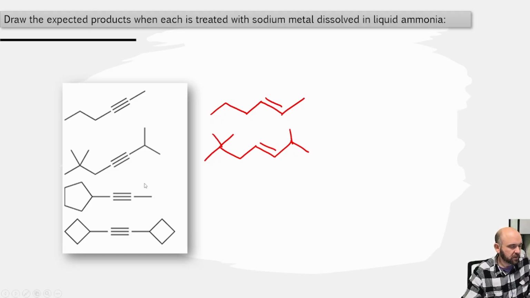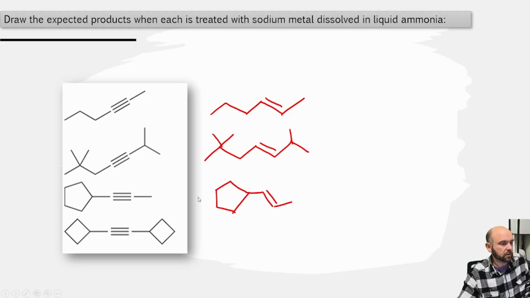The next one we see there, we would draw our cyclopentyl group. Maybe a little bit better than I did. And then that would be the result of that dissolving metal reduction.